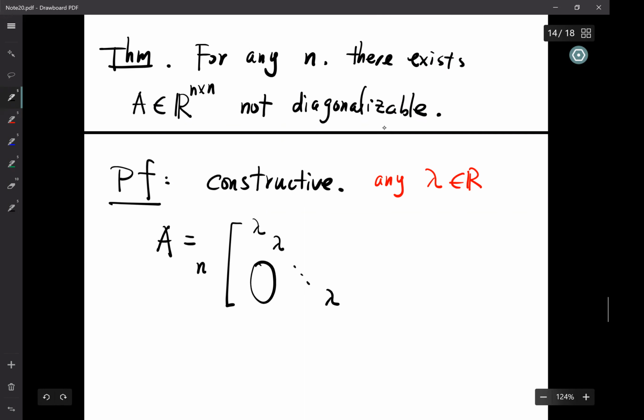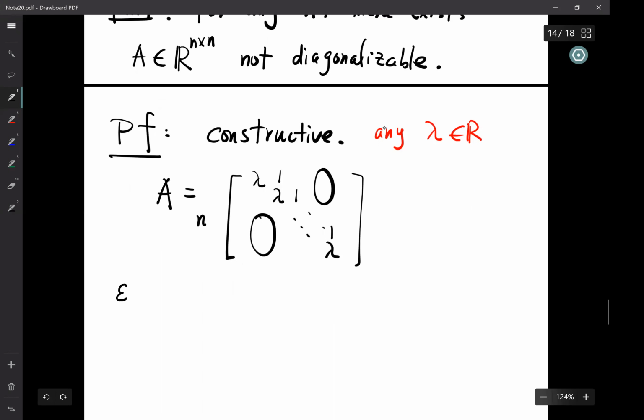It's an upper triangular matrix. I have a huge 0 block everywhere else. It's very special: on the first off-diagonal, I put 1s there, and again there are 0s.